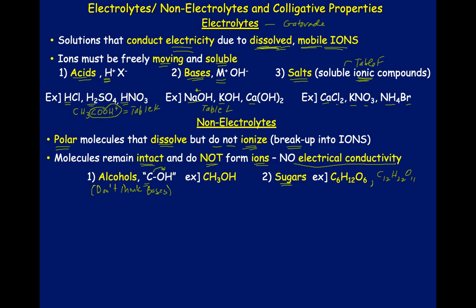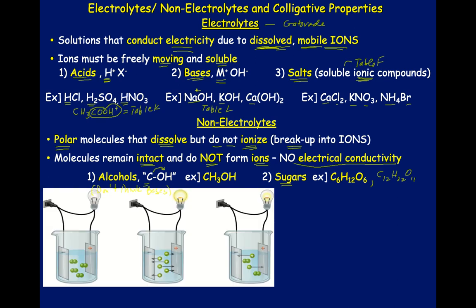So just a little idea about these electrolytes, a little picture for you. Think about a non-electrolyte first. This is called a conductivity tester, and if you plug it into the wall, you would have electrons going this way and being pulled back in that direction.